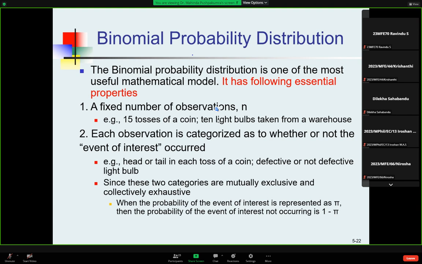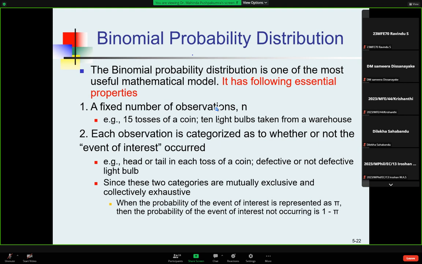Then collectively exhaustive means, if you toss a coin, the two outcomes are head or tail. Then there is no possibility to receive any other outcome. That means if you toss a coin, definitely you will receive head or tail. Collectively exhaustive means there is no chance or probability to have any other outcome.